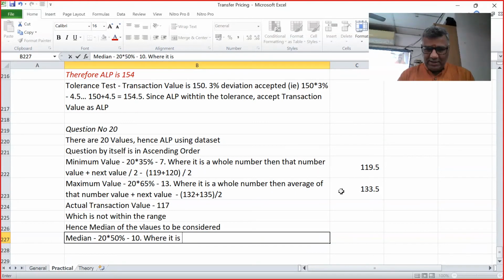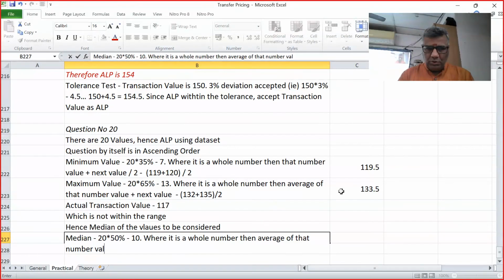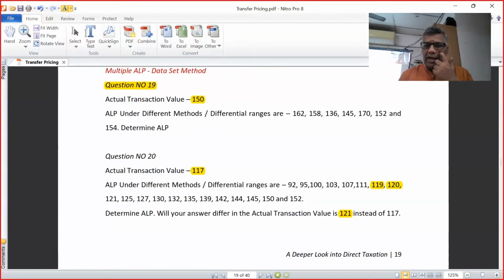Where it is a whole number, then take the average of that number's value plus the next value. In this case, the 10th and 11th values, 125 plus 127.